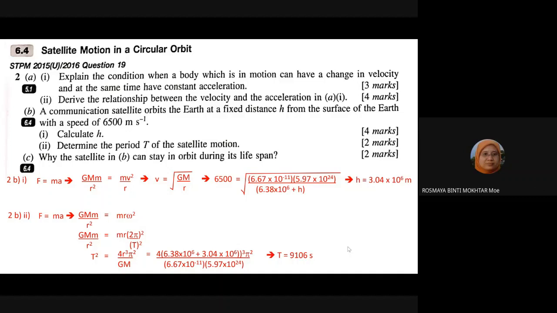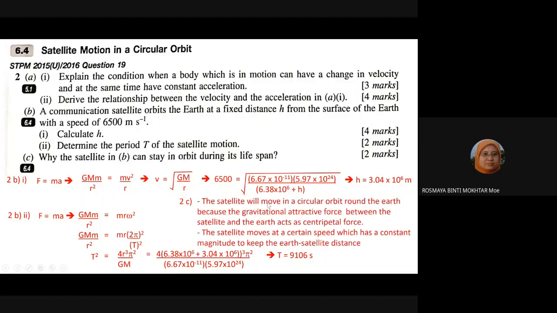Okay. So the last question, 2C: why can the satellite in B stay in orbit during its lifespan? Two marks here, you must have two contents.